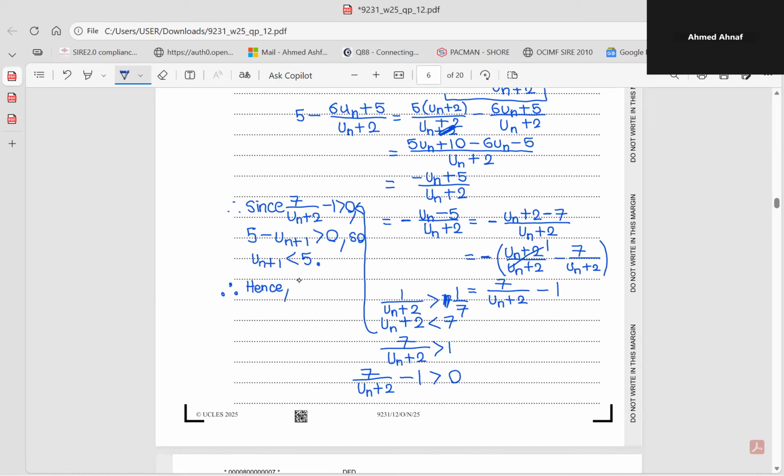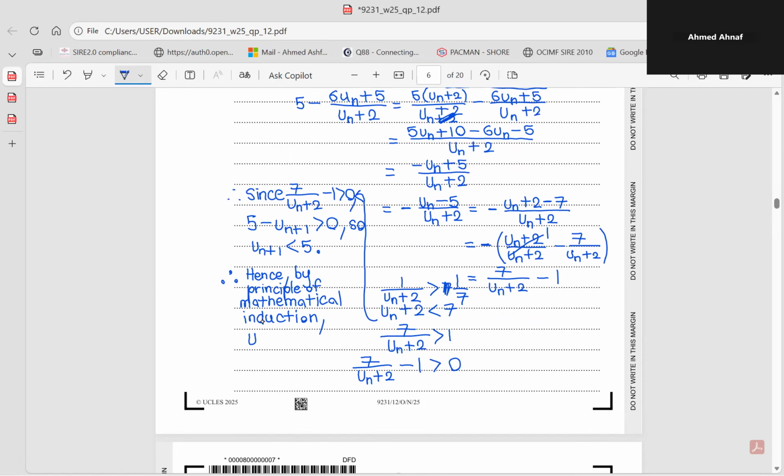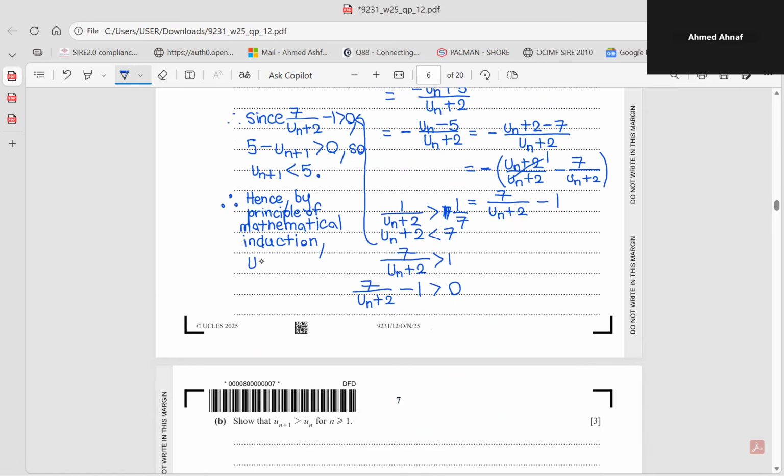Hence, by the principle of mathematical induction, un is less than 5 for all positive integers n.